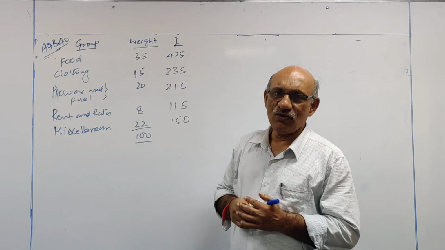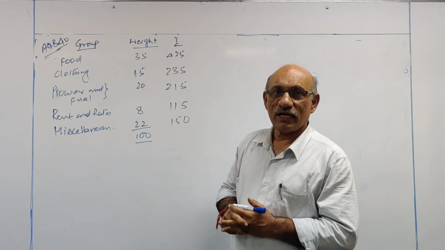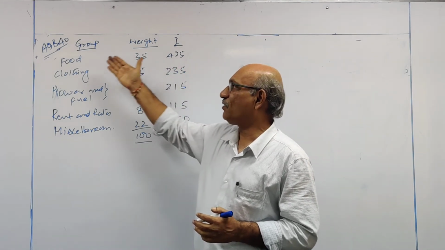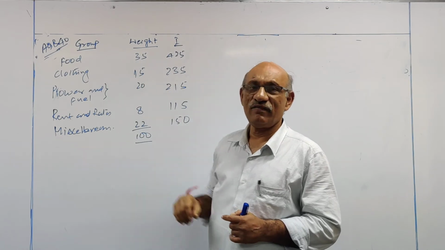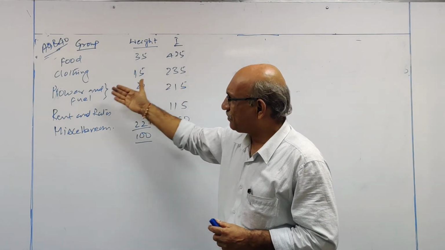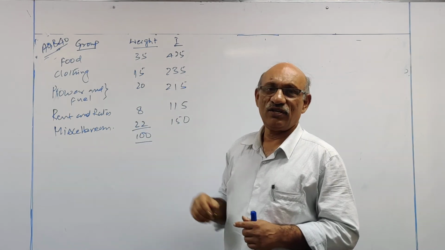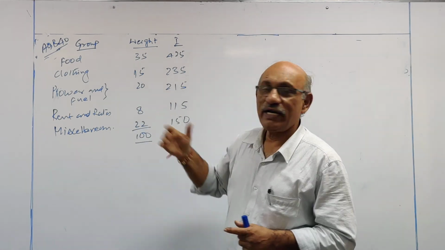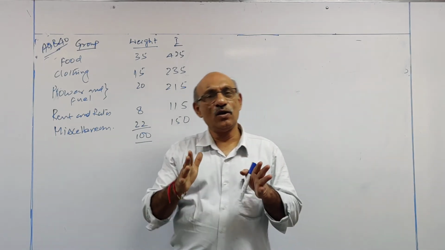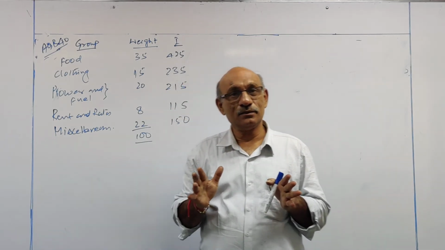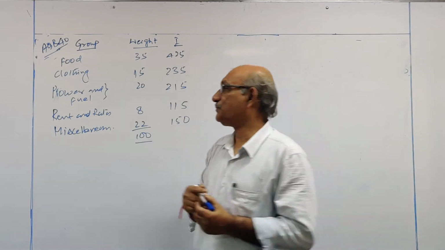So 35% weightage is given for food, 15% for clothing, 20% for power and fuel, 8% for rent and rates, 22% for miscellaneous. First of all, you have to interpret the question. Okay, then we can proceed for the solution.